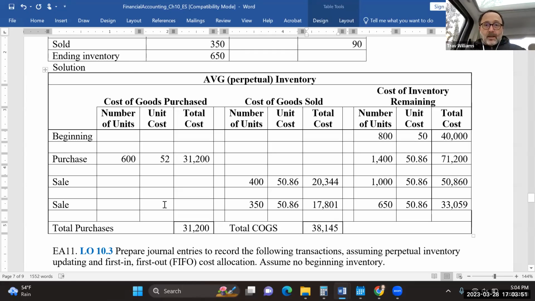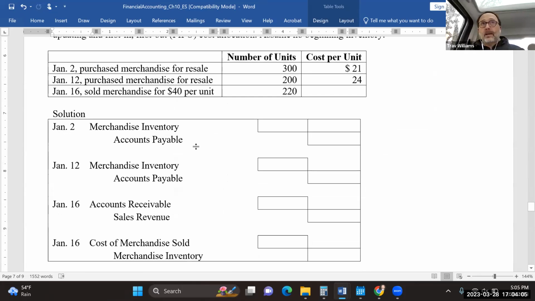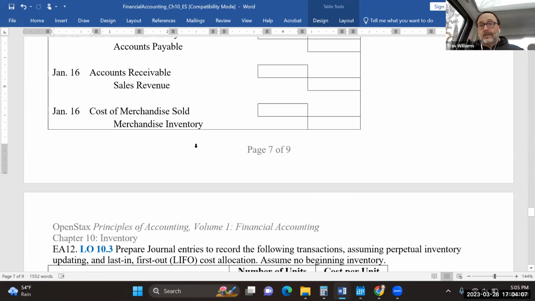Okay, so these are journal entries, kind of like what we did before, but this time we're using the perpetual inventory method. So again, with perpetual, when you purchase merchandise, it's a debit to merchandise inventory. And whenever you get a discount or allowance or something, it's a credit to merchandise inventory. But we don't actually have to do that in this chapter.